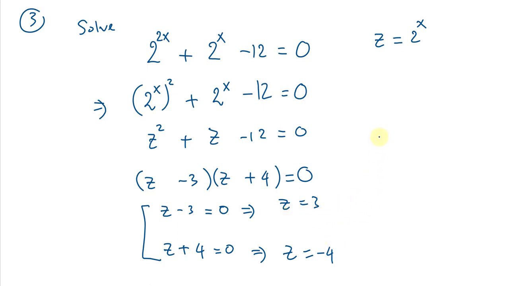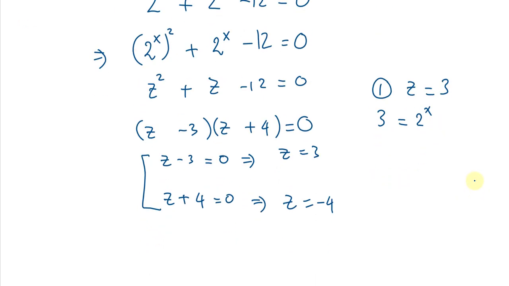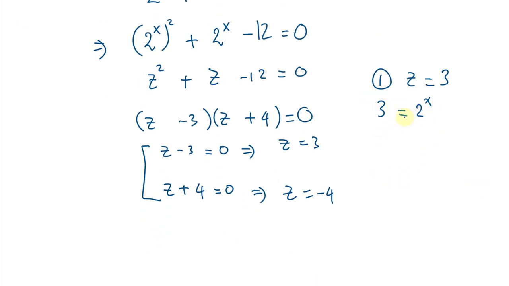The first case is when z equals 3. When z is equal to 3, I have to solve for x. I know that z is 2 to the x power, but z now is 3, so 3 equals 2 to the x power. So I have to solve for x by taking the ln on both sides.